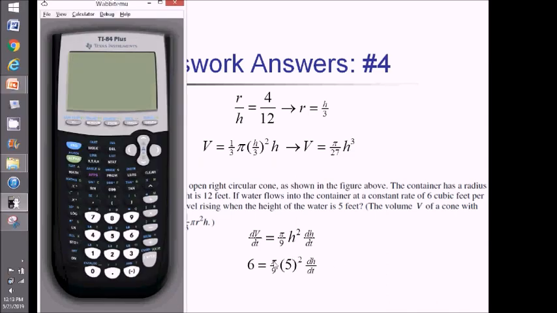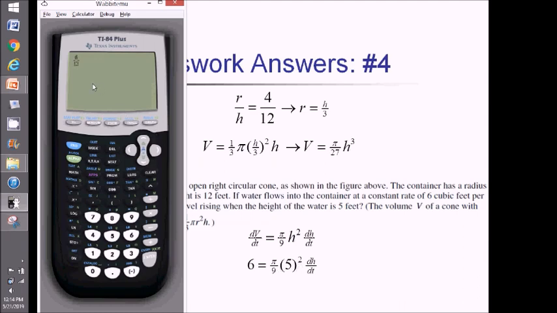To do this division in a way that I'm not going to get messed up by PEMDAS, I'm going to do alpha y equals and call up my fancy fraction form. In the numerator, I've got 6. In the denominator, I've got pi over 9 times 5 squared.